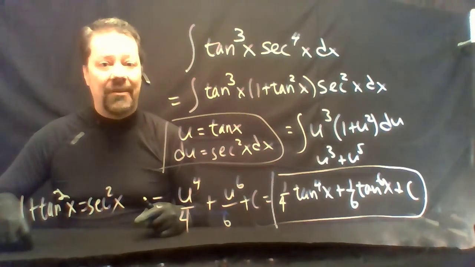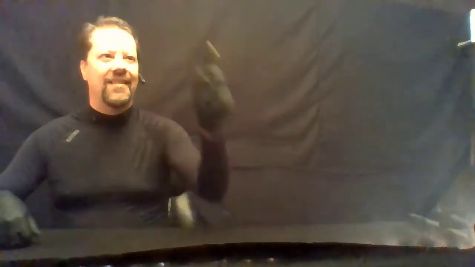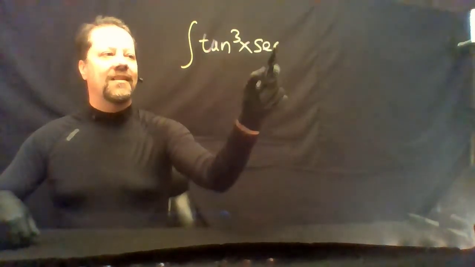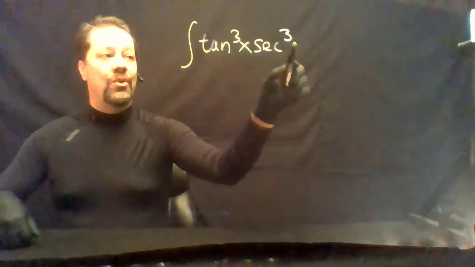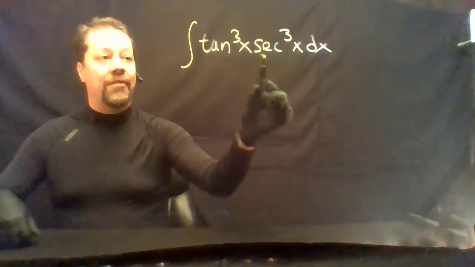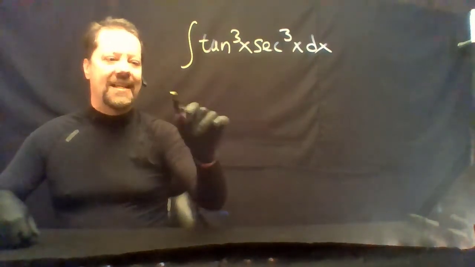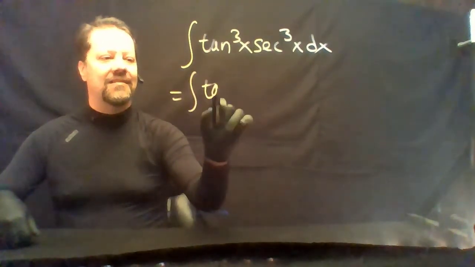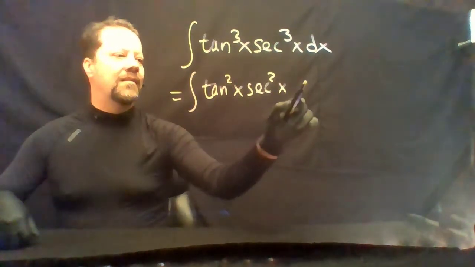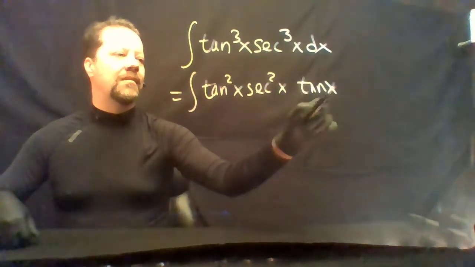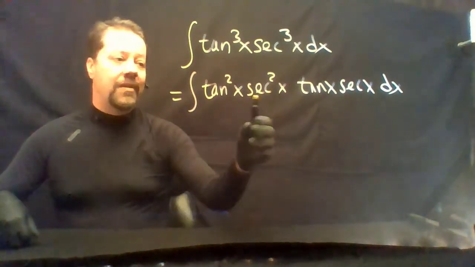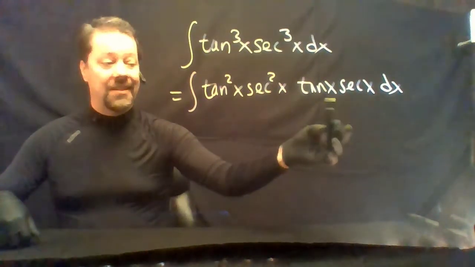So what happens if the power on secant is odd? If we're integrating tangent cubed x secant cubed x, here's what you do. Split off one tangent and one secant. You know that the derivative of secant is secant tangent.